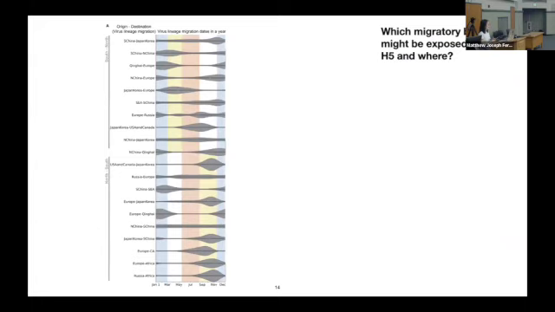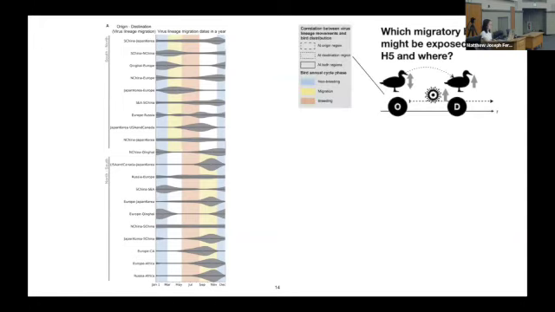So we replot the previous frequency histogram into a violin plot where the x-axis shows the time of the year and the y-axis shows the different virus lineage movement routes, and the width of the violin represents the relative frequency of the virus lineage movements.